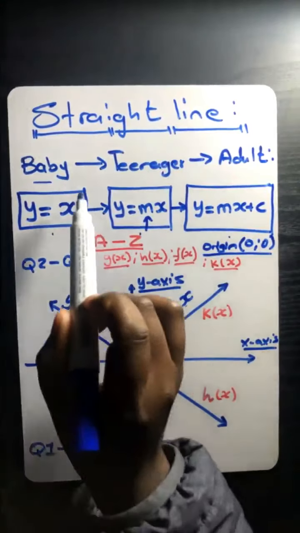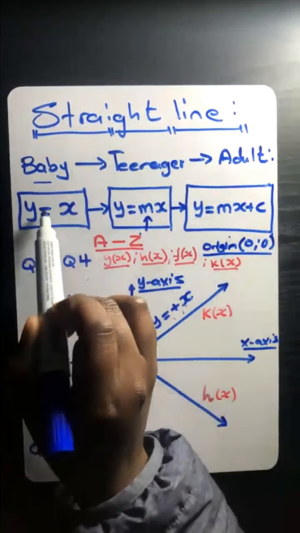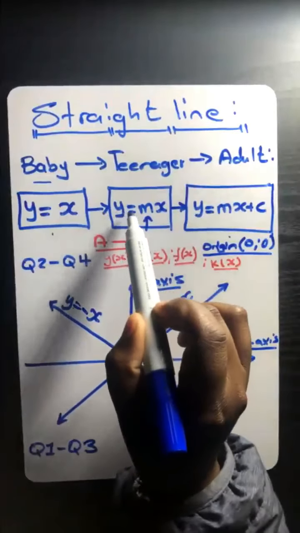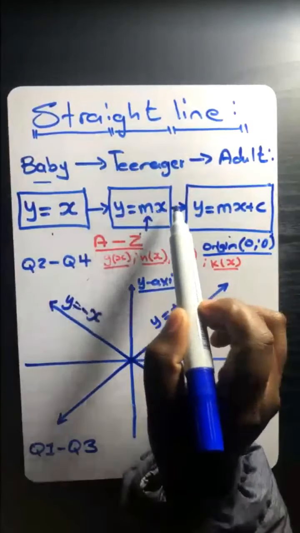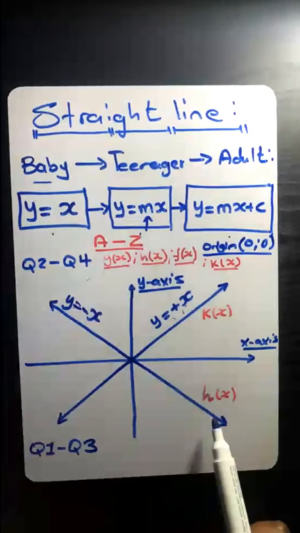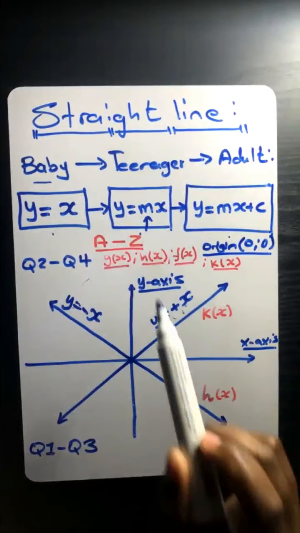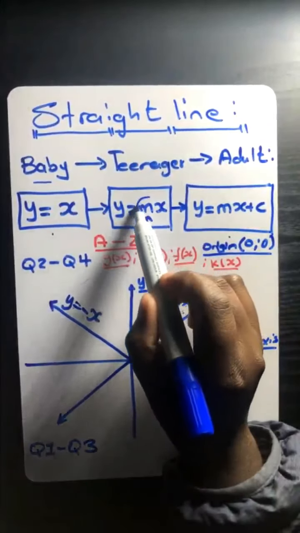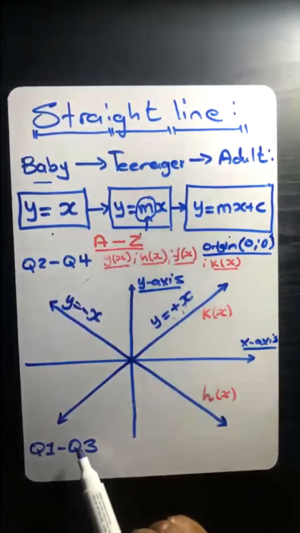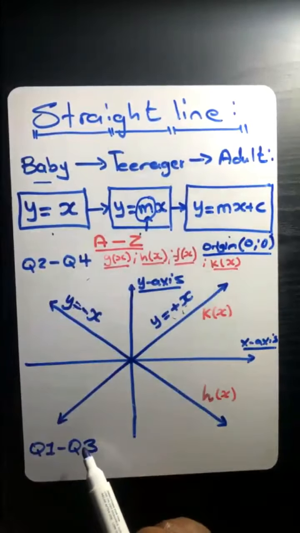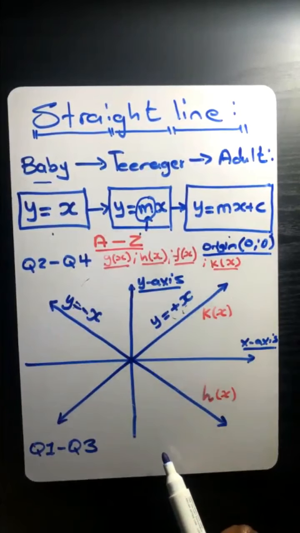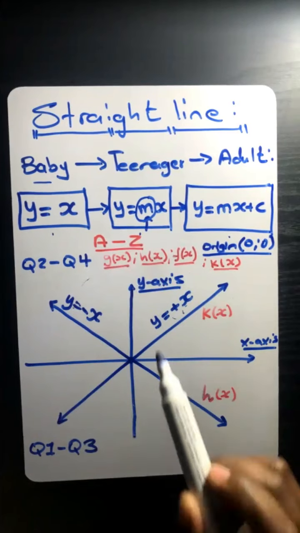So can you see, the baby stage is just y equals x. The teenager is y equals mx. So let's have a look at what happens at that stage. This m has a very huge impact on the slope of a straight line function.